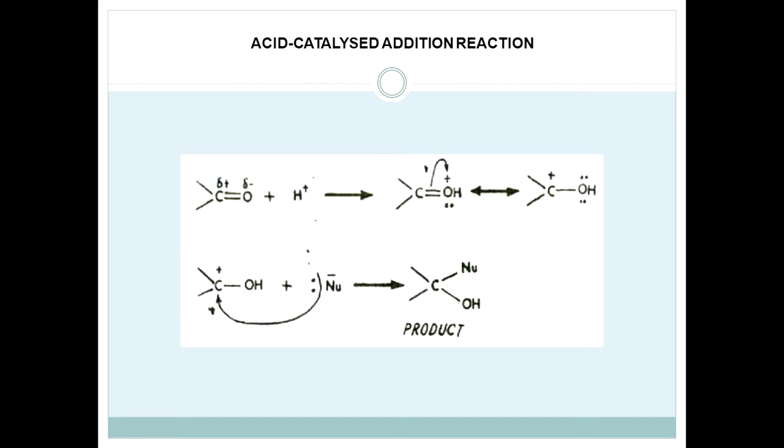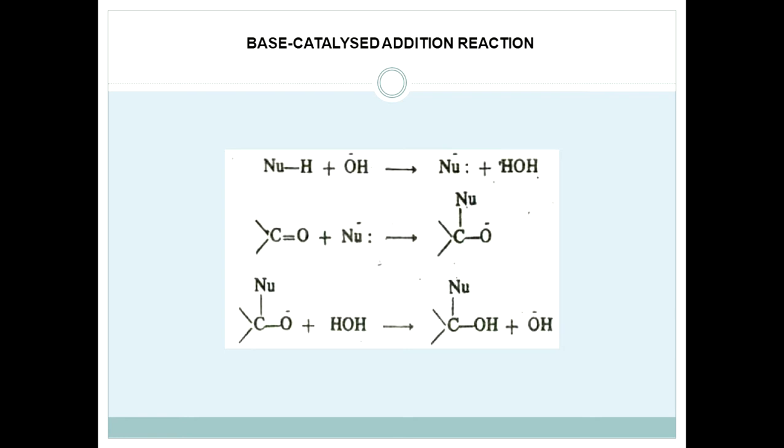So let us discuss the base catalyzed nucleophilic addition reaction. Here the nucleophile is generated from its conjugate acid in the presence of a base and the addition reaction takes place. So it may be illustrated that whether the addition is acid catalyzed or base catalyzed, the product obtained is the same.